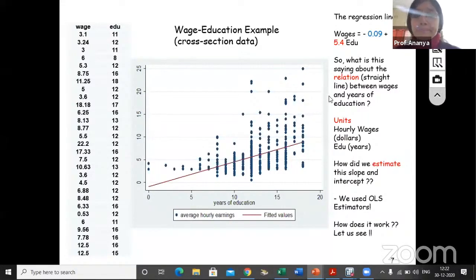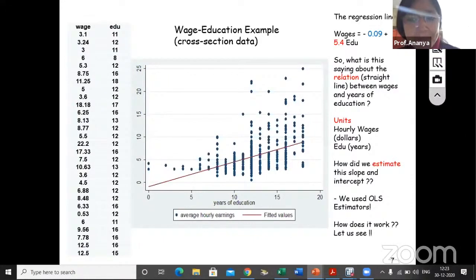So alpha is equal to minus 0.09 and beta is equal to 5.4. What is this saying? An extra year of education increases your wages by $5.4. So dy dx is equal to 5.4 in this case.